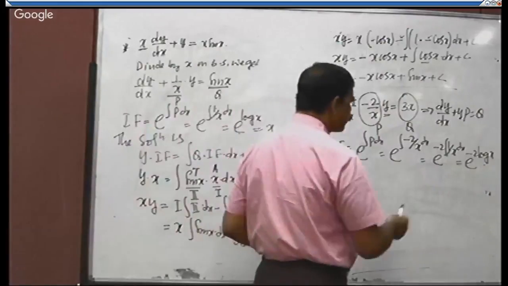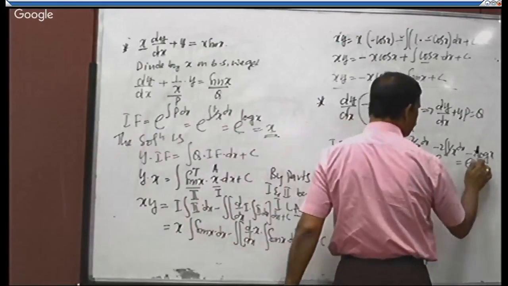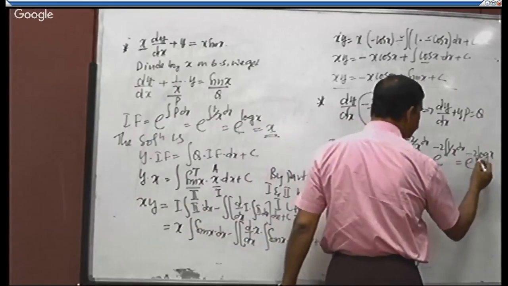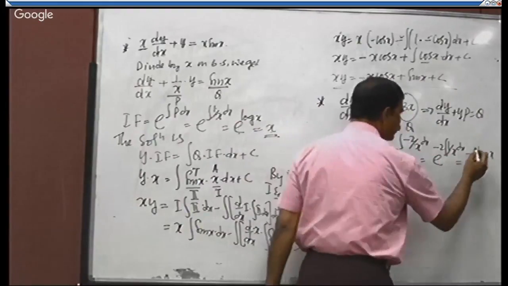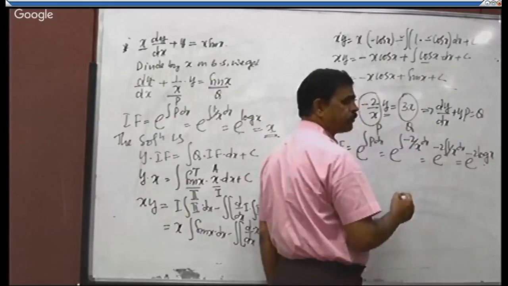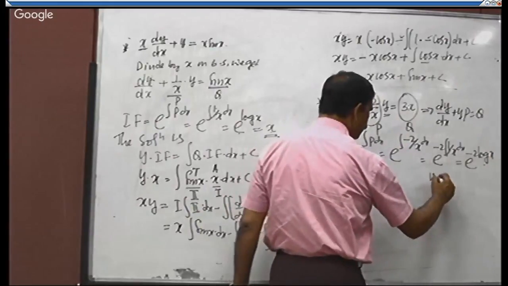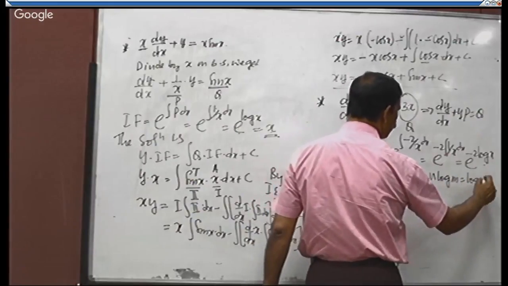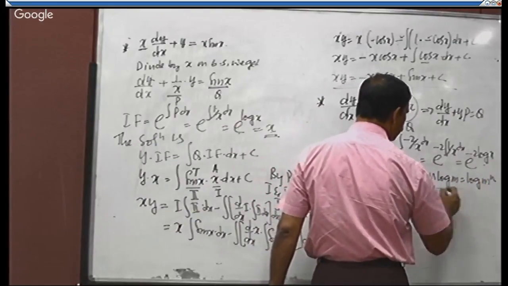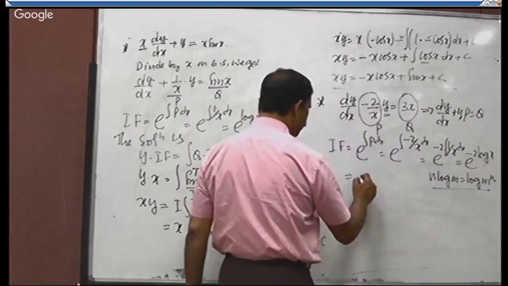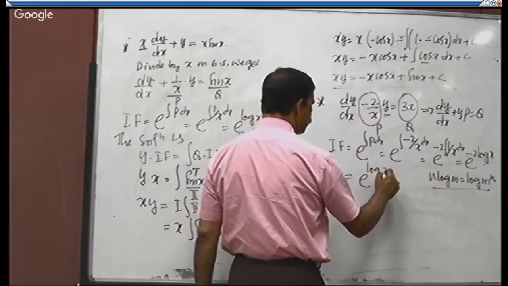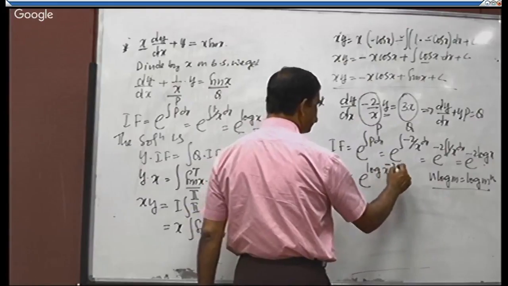We cannot use our regular form e to the power of log a is equal to a, because it is e to the power of minus 2 into log x. First, we have to simplify this minus 2. Use this one: n into log m is equal to what? Log of m to the power n. So, according to this, the integrating factor becomes e to the power of log x to the power of minus 2.